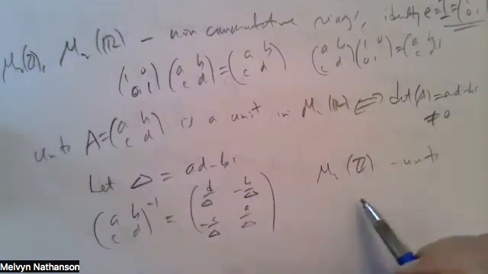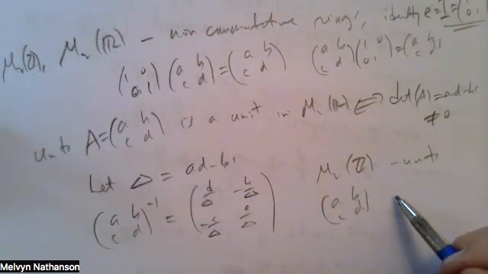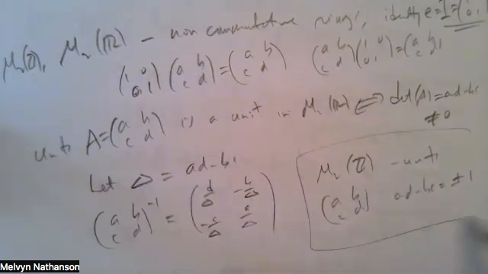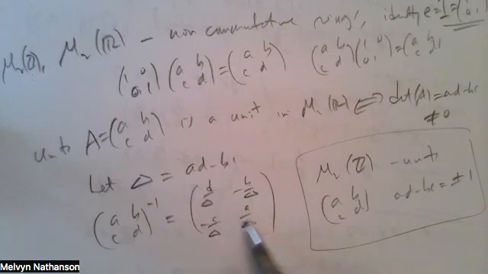The units are the matrices A, B, C, D with the determinant AD minus BC equal to plus or minus 1. Because if you start with A, B, C, D and you divide by plus or minus 1, you still have a matrix with integer entries. Okay.